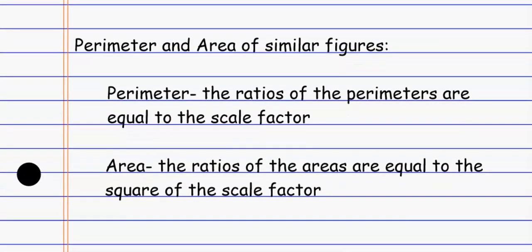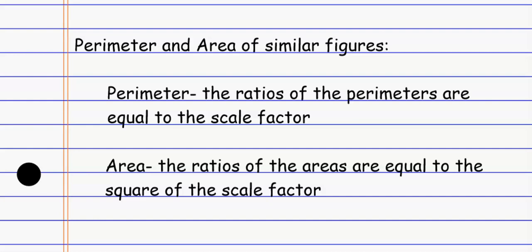So, perimeter and area of similar figures. If I have similar figures, the ratio of the perimeters is equal to the scale factor. So basically, the ratio of the sides and the ratio of the perimeters are the same thing. And again, think of it in terms of measurements. Because it's still linear measurements, the scale factor doesn't change. The scale factor is the same for the perimeter as it was for the sides. And so the ratio for the perimeter is the same as the scale factor.